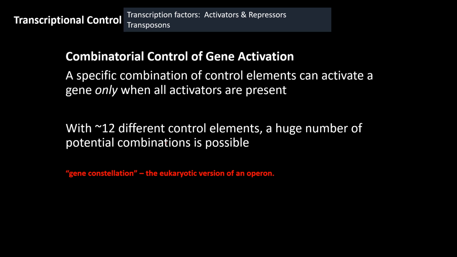And so I like to call these things gene constellations, because if this is a nucleus, you can imagine a bunch of dots lighting up, and all of those dots would be all of the different transcription factors binding to the promoters and all those genes all at the same time. Okay.